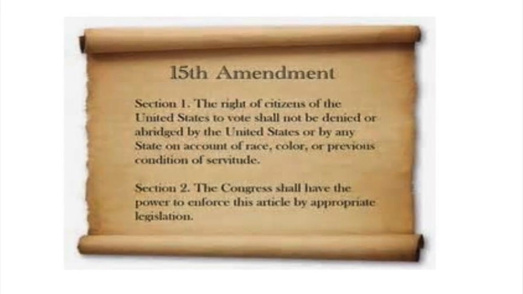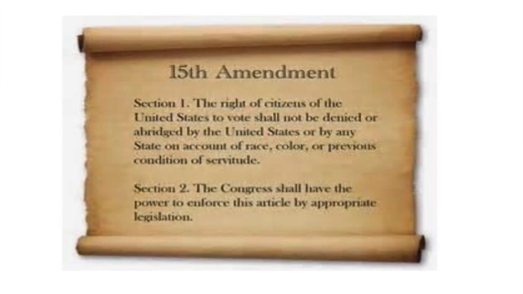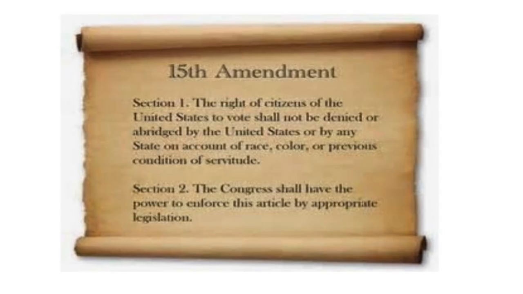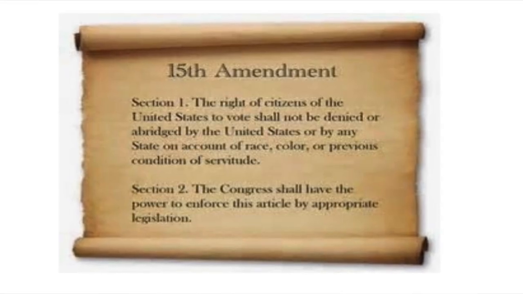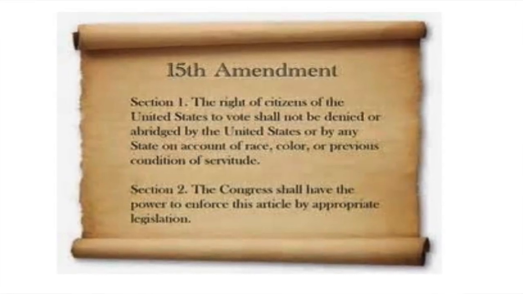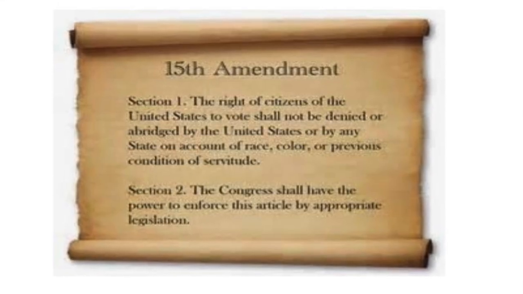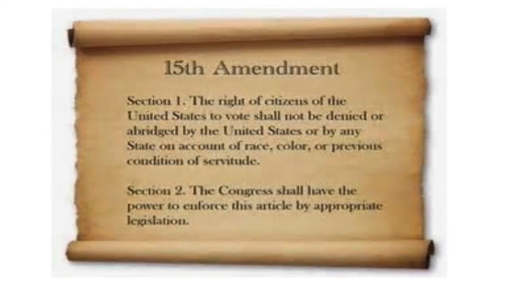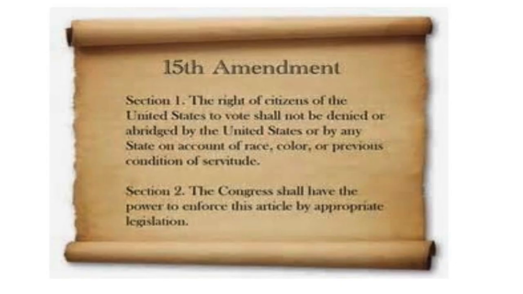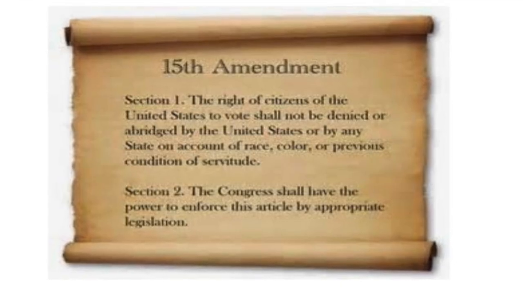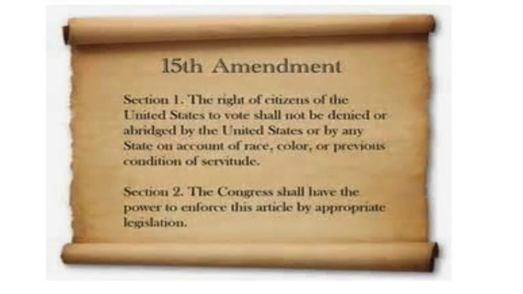Section 1, the right of citizens of the United States to vote shall not be denied or abridged by the United States or by any state. That sounds exactly like the 14th Amendment, right? It adds on account of race, color, or previous condition of servitude.